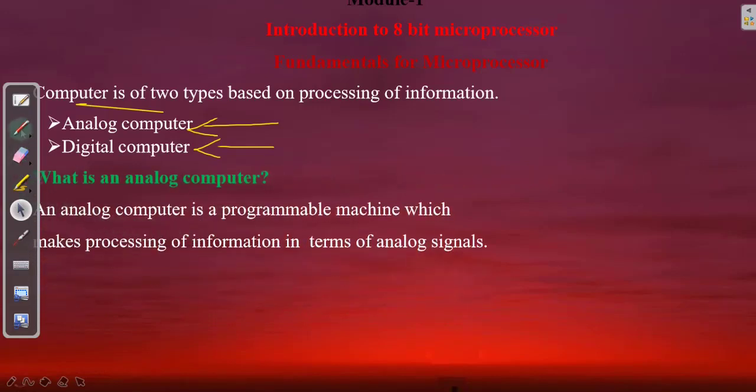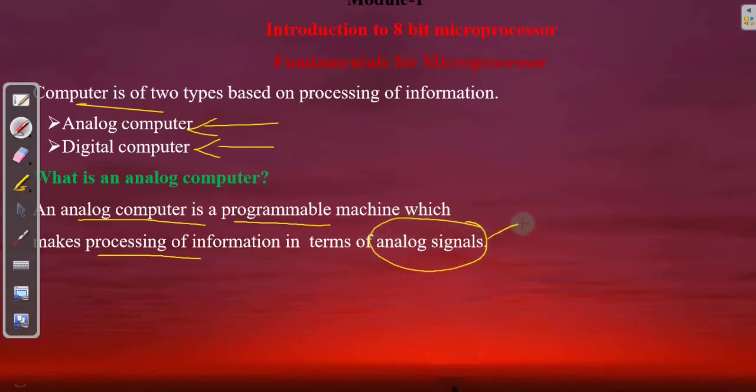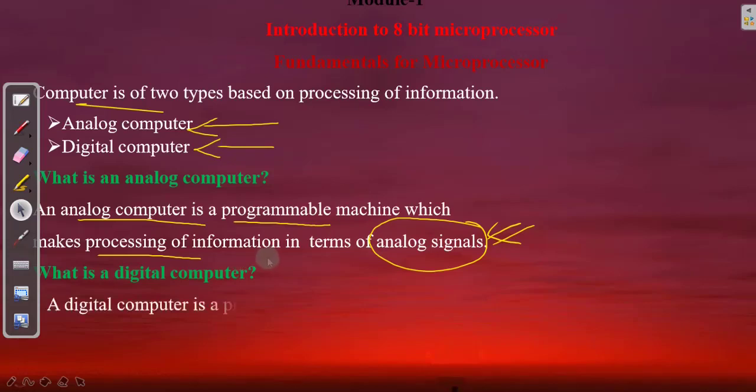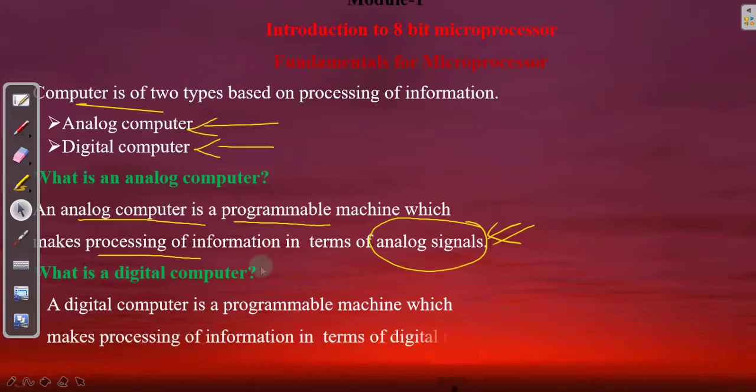An analog computer is a computer which is programmable in nature, and for processing purposes it only accepts analog signals. You have to keep that in mind. A digital computer is similar, with only one difference: the data on which it is going to process will be digital in nature.